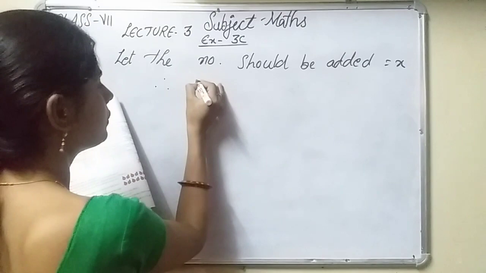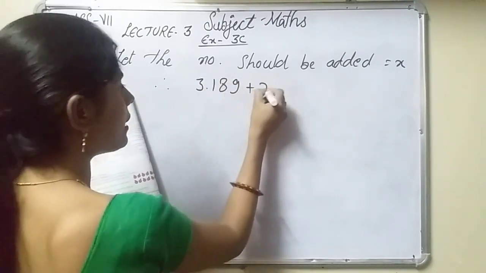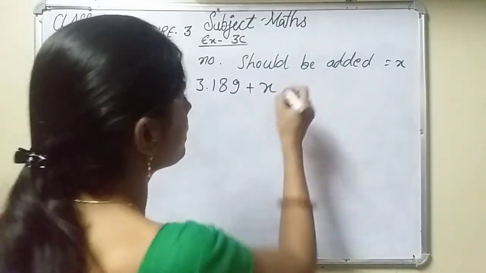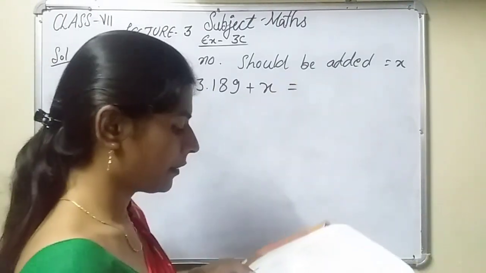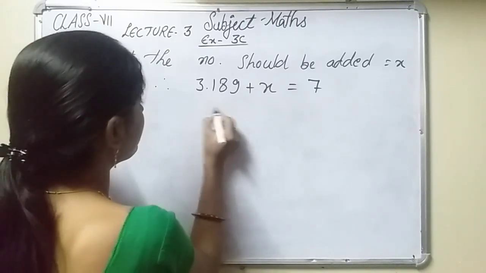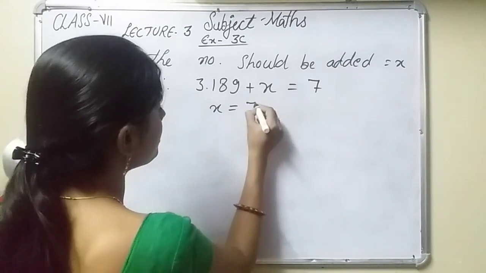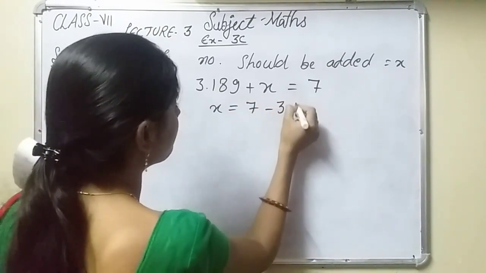Therefore, 3.189 plus x equals 7. Now see, x is equal to 7 minus 3.189.